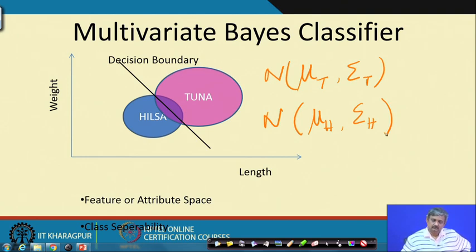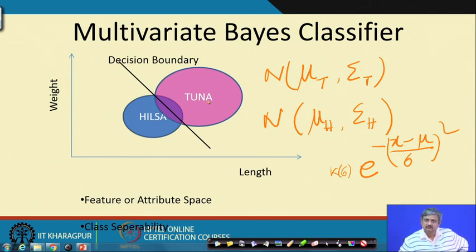Then I want to derive the decision boundary as a function of mu t, mu h, sigma t, sigma h. If you remember the Gaussian distribution, it takes this particular form: e to the power minus x minus mu by sigma squared, and then some constant term of sigma. So, this is how the probability of x belonging to this Gaussian distribution looks.